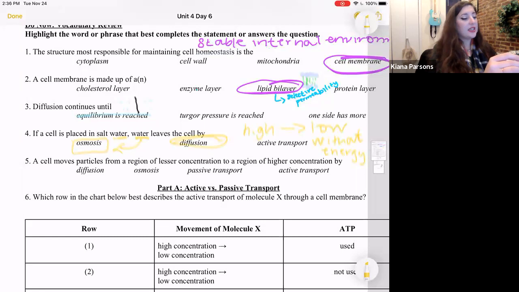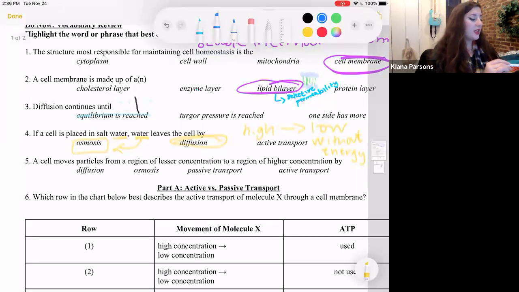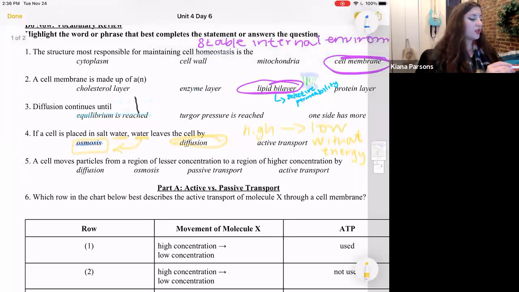And just the difference is osmosis is the diffusion of water specifically.